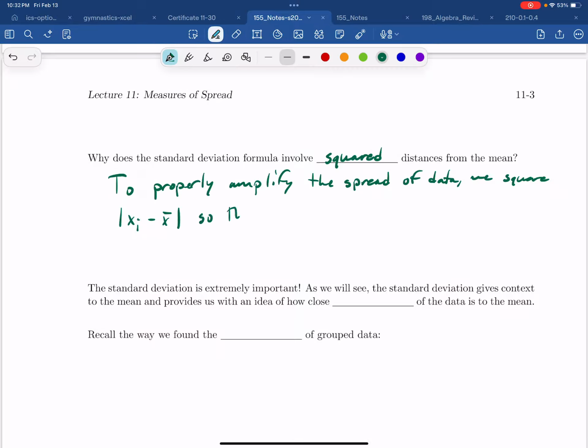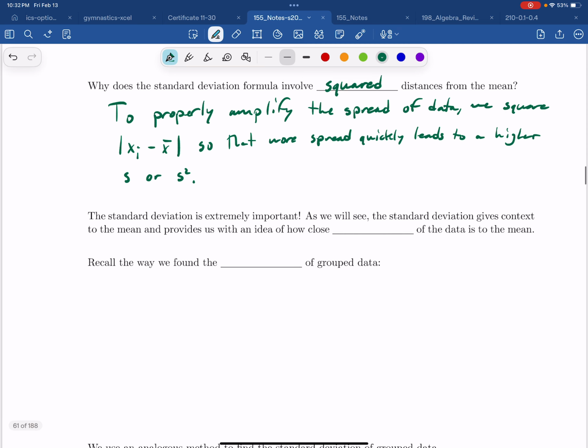So that more spread quickly leads to a higher S or S squared. Okay?